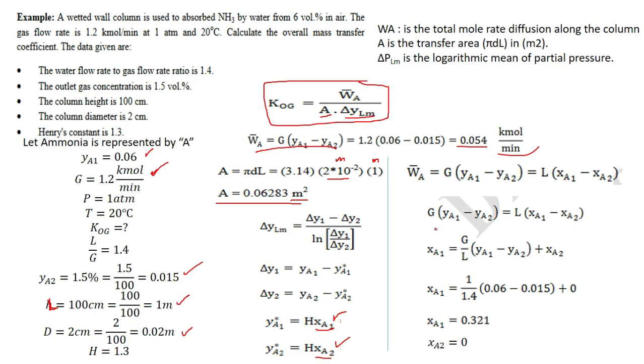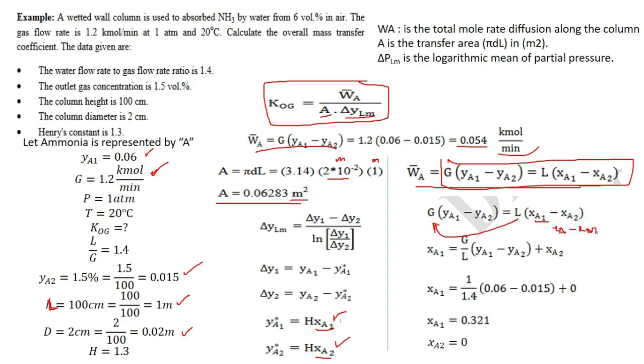Let's find it. For xa1 you will use this formula wa is equal to g ya1 minus ya2. You can put these two expressions equal to each other. So in order to find xa1, you will bring this L to this side. So G by L into ya1 minus y2, and you will be left only with xa1 minus xa2.